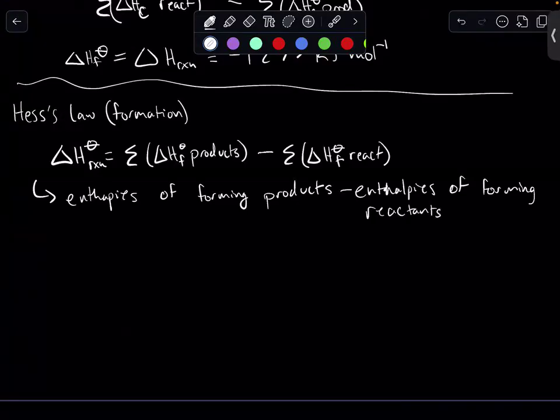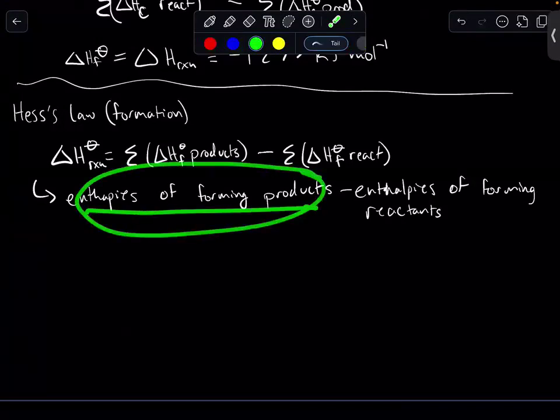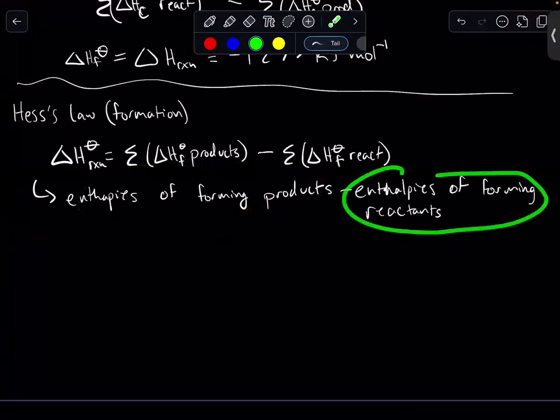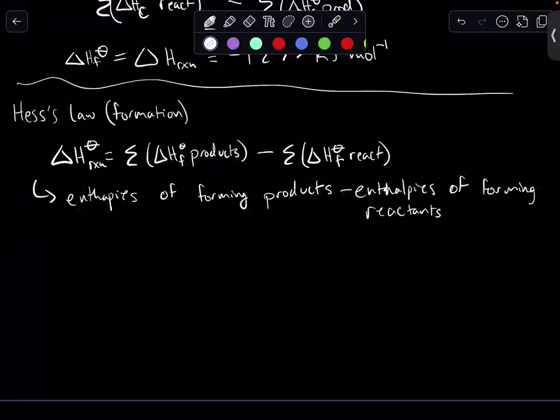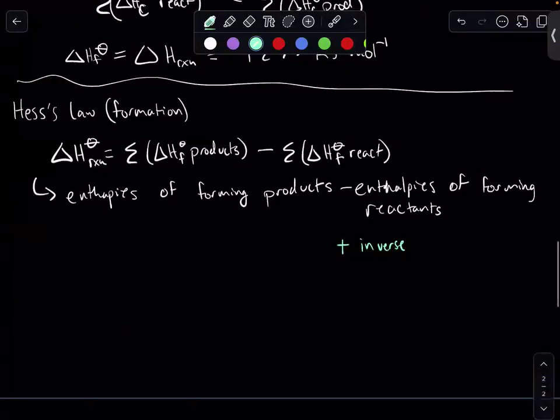Really quickly, why does this make sense? Well, products are what we are forming, so that's going to be our main value. We're subtracting the enthalpy of forming reactants, but really what we're doing, and here's the maybe brain twisty part, is we are adding the inverse of breaking reactants.